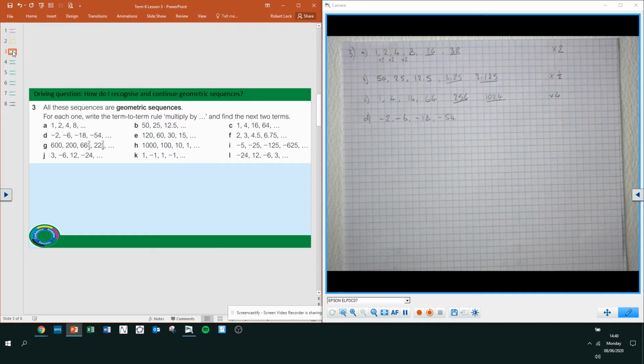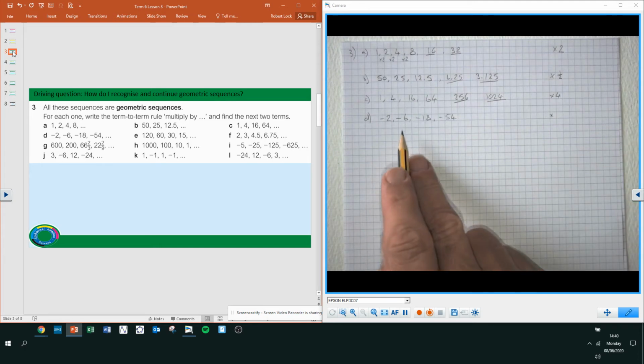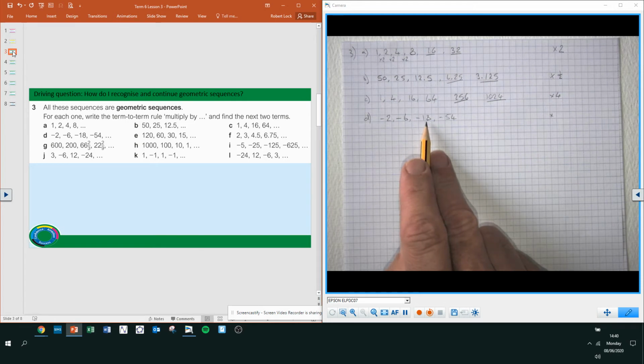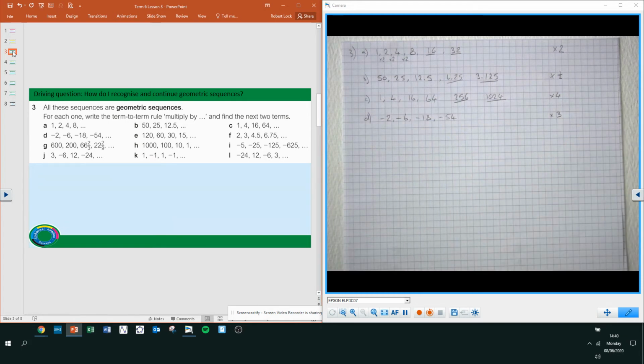Times by 3. 3 times 6 is 18. So 3 times minus 6 is minus 18. 3 18s, 54. So we times it by 3.